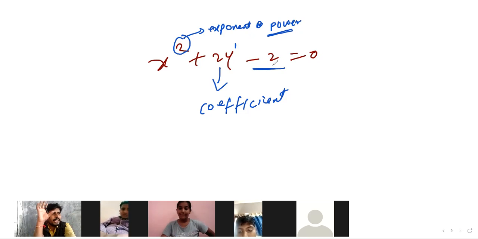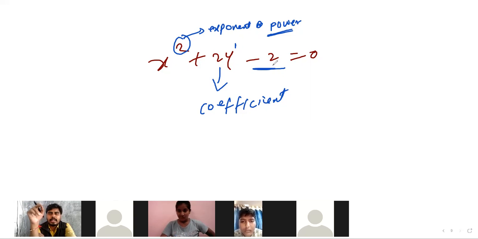See, in an equation, the involved terms have some particular variables and some exponents, right? So in an equation, the highest exponent of the involved variable is called the degree of that equation.